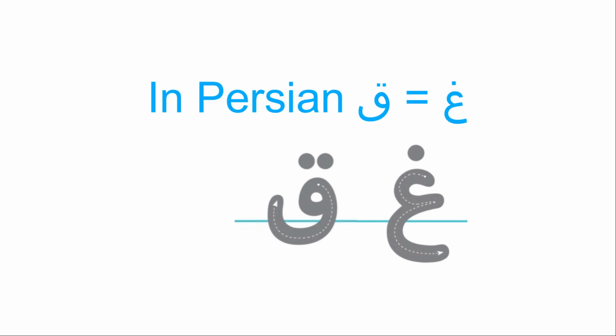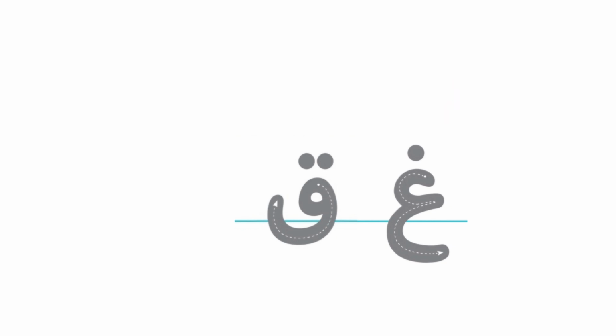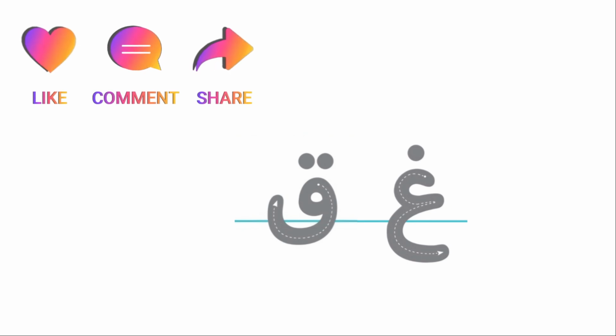Ghain, Qaf. G, Q. Actually, Q is something between K and G in Arabic. But in Persian, both of them are pronounced G. Normal G, not Ghain, not Qaf. G.